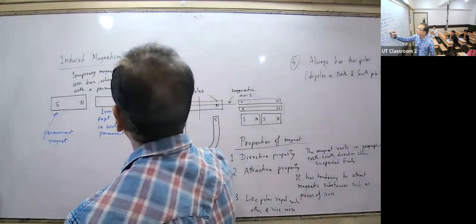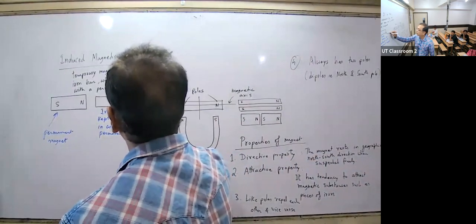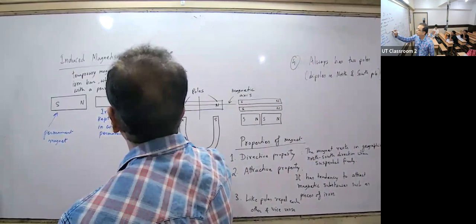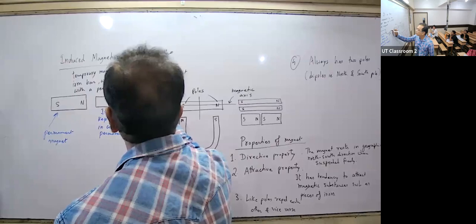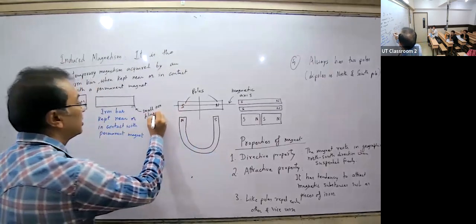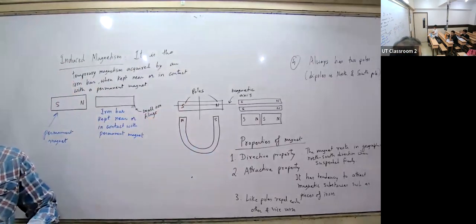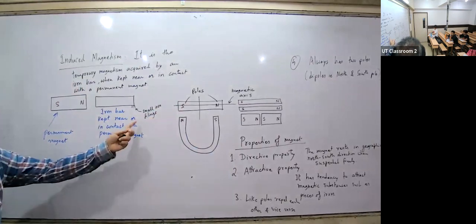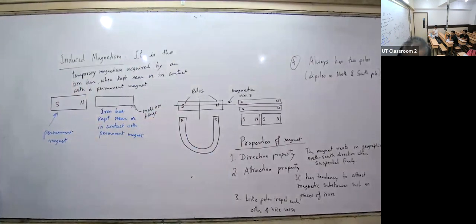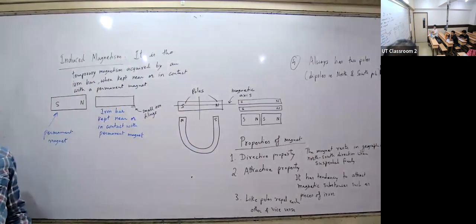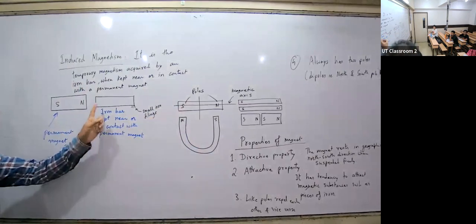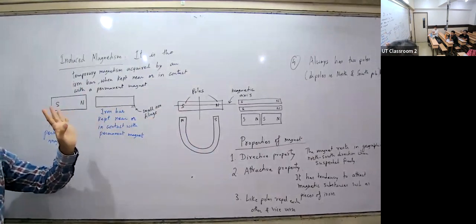So these are small iron filings. You understand what is filing, right? If you file iron, the powder is small iron filing. So it acquires the magnetic behavior. Means what does it acquire? Poles. Then it will temporarily develop some pole.